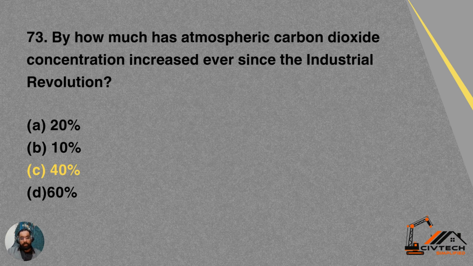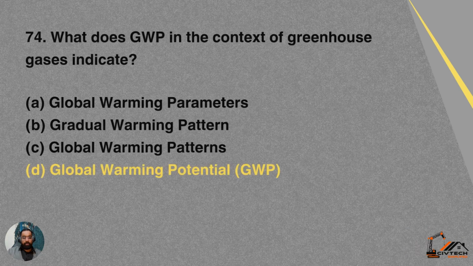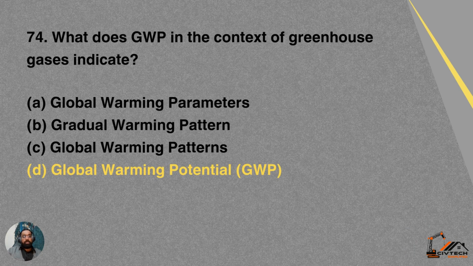Yes, C is the correct answer. Atmospheric carbon dioxide concentration has increased up to 40% since the Industrial Revolution. So C is the correct answer for this question, 40%.